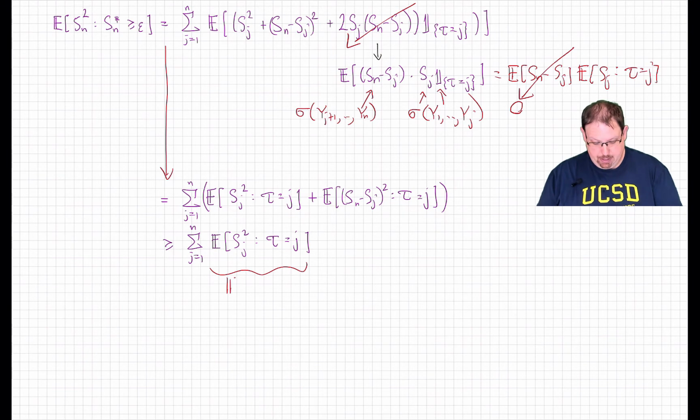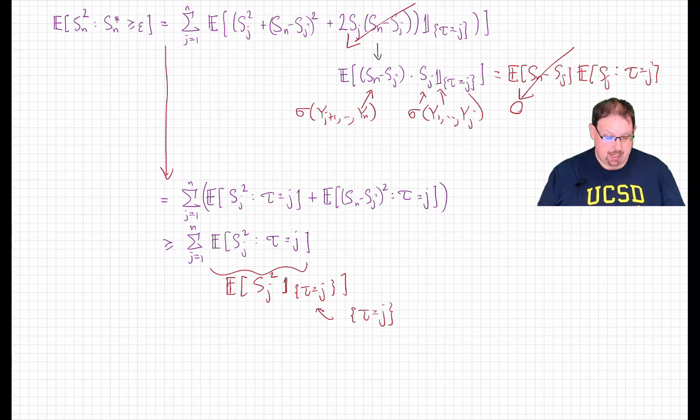This is the expected value of Sj squared times the indicator of the set where the time tau is equal to j. But again, that tau is equal to j is the event that S1 is less than epsilon, S2 is less than epsilon, Sj minus 1 is less than epsilon, and the absolute value of Sj is greater than or equal to epsilon.